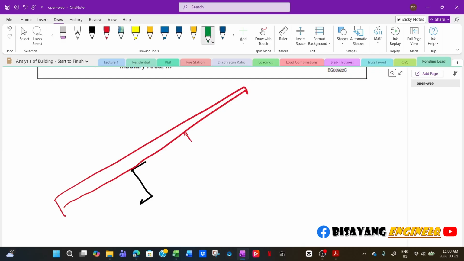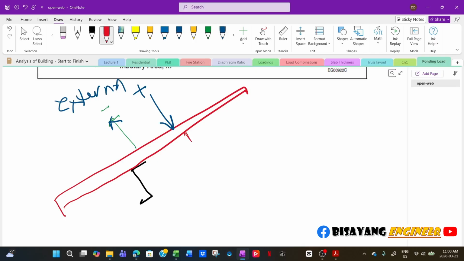So the negative value for external is going away, and then the positive is going towards the surface, right? Now, this is for external pressure.